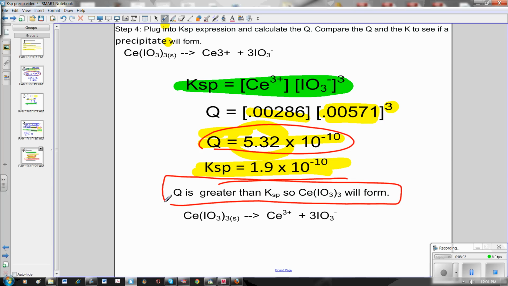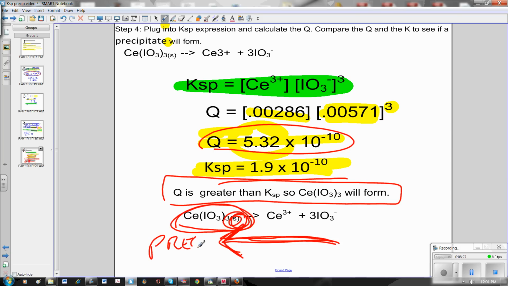So that means the reaction, remember, when Q is greater it always goes backwards. When you go backwards, notice a precipitate is when you form a solid from a liquid. If Q is past K, it's going to drive the reaction back this way. Notice there's a solid there. So as you go this way, you're always going to form a precipitate.